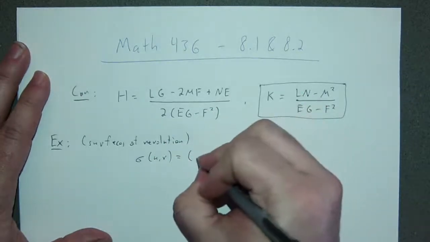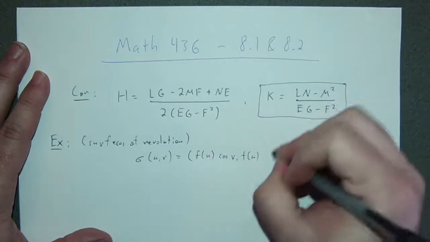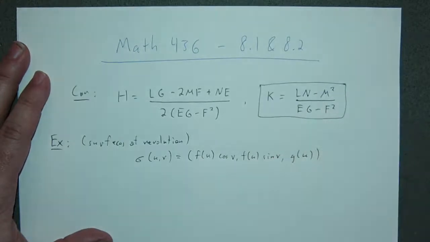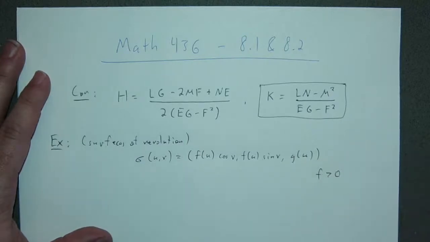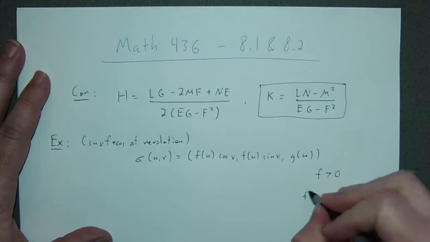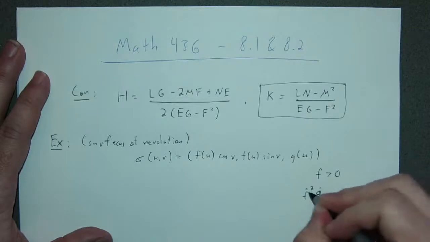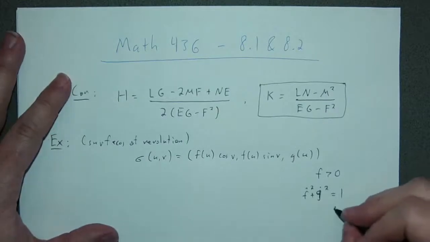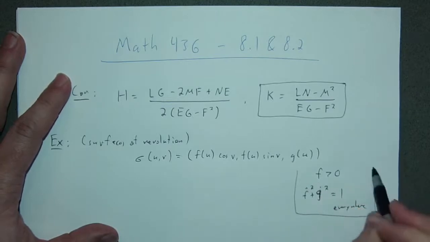Locally it looks like (f of u cosine v, f of u sine v, g of u), where the profile curve (f of u, 0, g of u) is unit speed, and we assume that f is positive. The profile curve being unit speed leads us to say that f dot squared plus g dot squared is equal to 1. This is the usual assumption we're working on, and this is true everywhere.